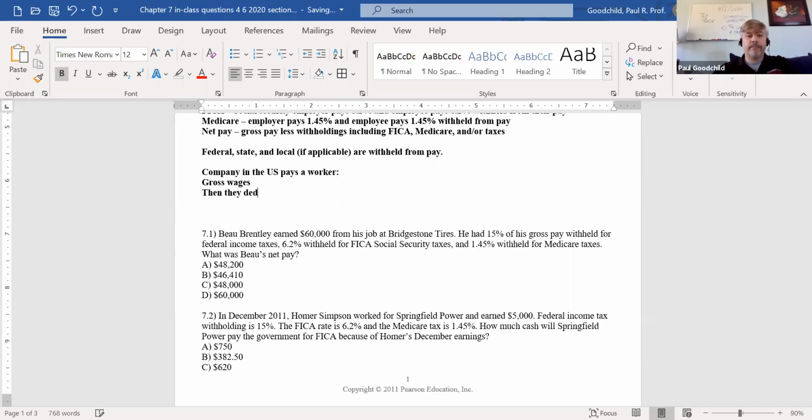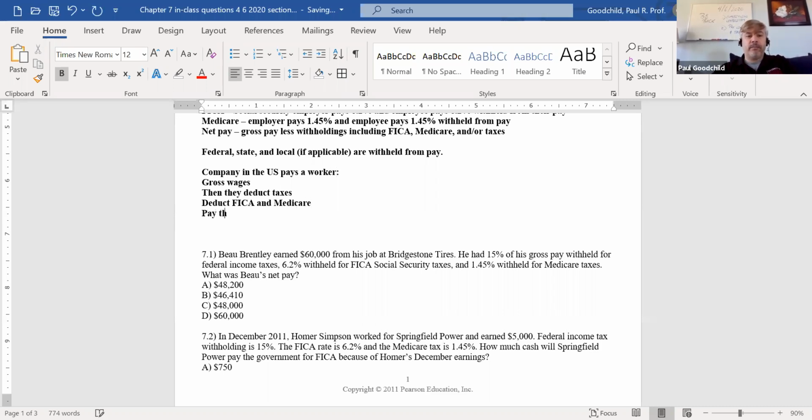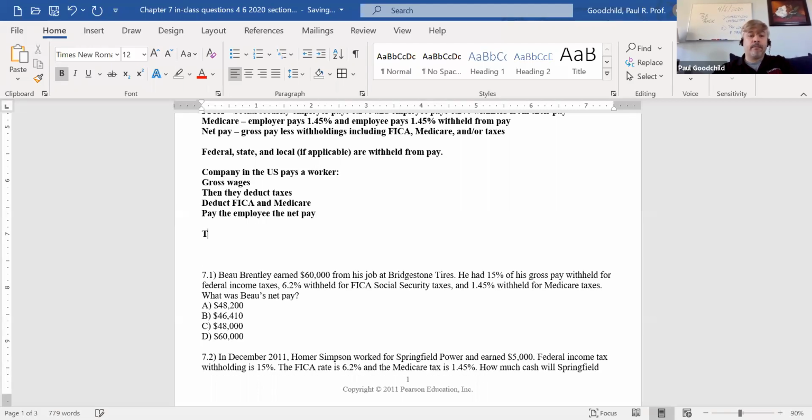Then they deduct taxes, deduct FICA and Medicare, and then they pay the employee the net pay. They pay their portion of FICA and Medicare with the employee portion to the government, U.S. government.